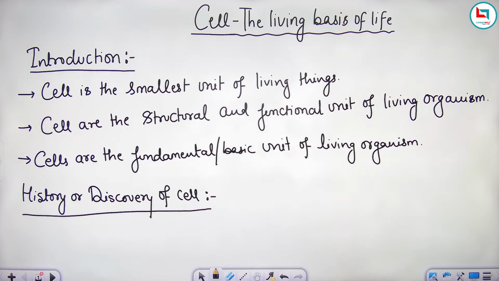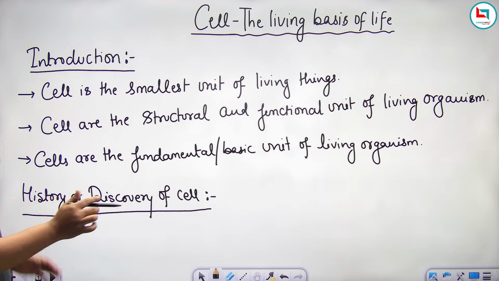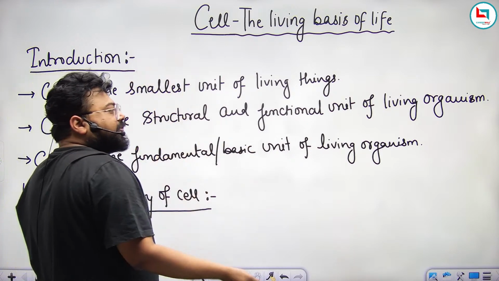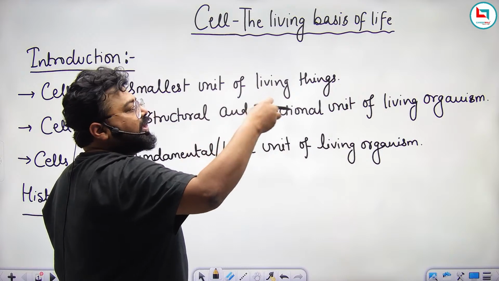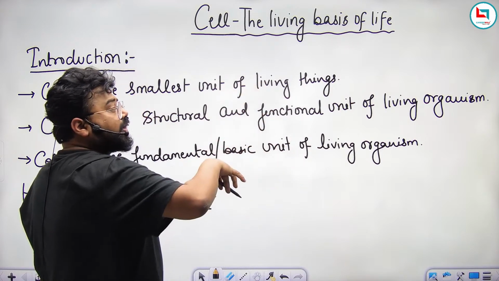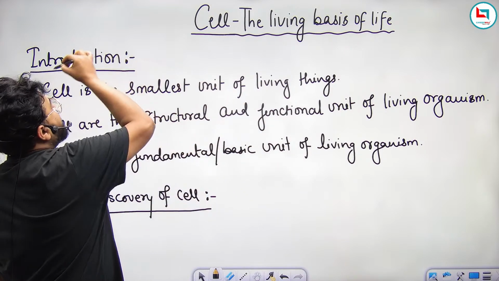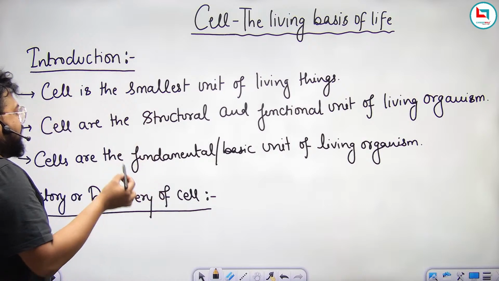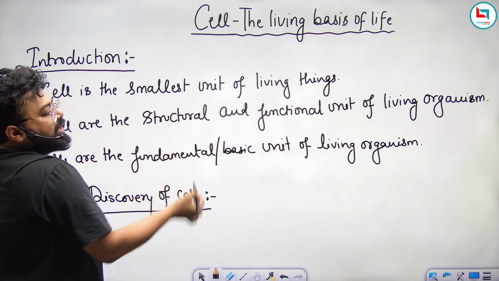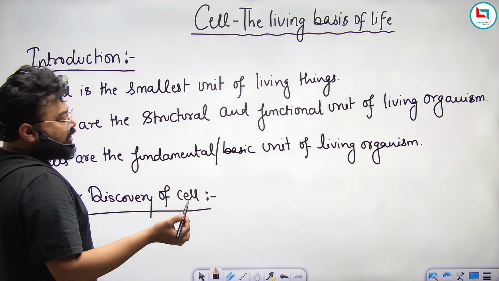So again, let's start the introduction of the cell. What is a cell? It is the smallest unit of living things. These are the structural and functional unit of living things. Means a living organism is made up of cells, and something is working inside these living organisms, and we commonly call these structures cells, and these cells are the fundamental or basic unit of living organisms.